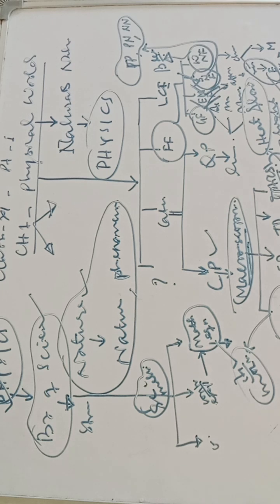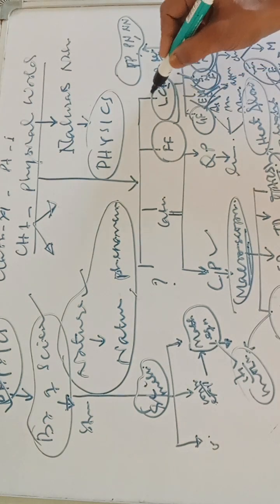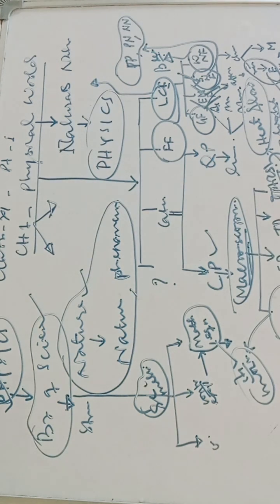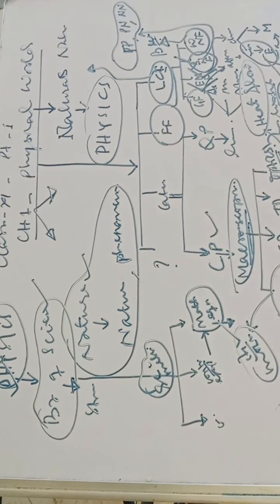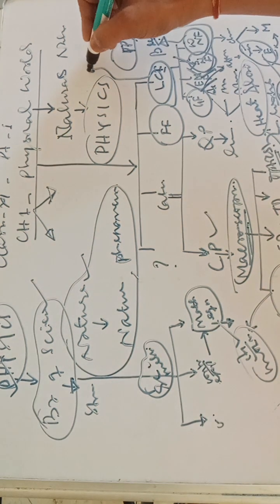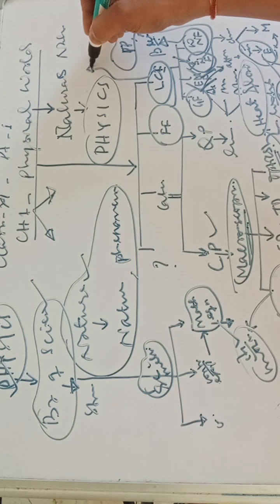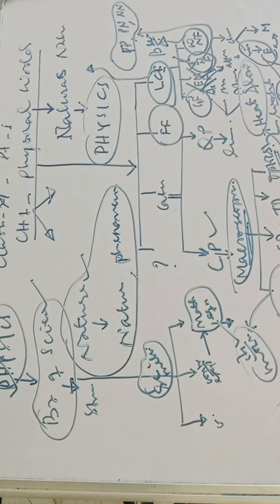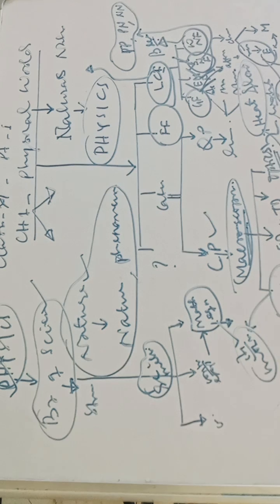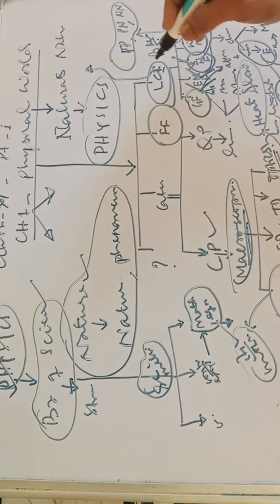Now, the last one is the law of conservation of energy, which deals with a conserved quantity. When the conserved quantity is energy, then the energy associated with it remains constant throughout the activity.